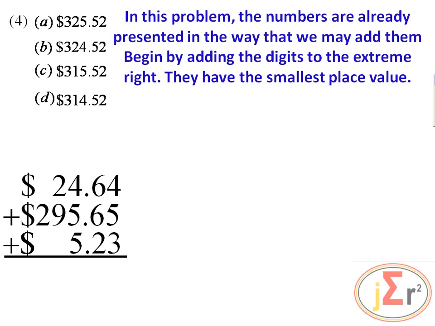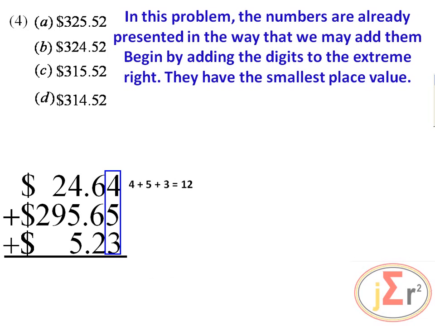So we will begin with the smallest place value, and that will be at the rightmost digit, which is right there. So we have 4 plus 5 plus 3, and that is equal to what, Jerry? 12. Next time when I'm asking you, I will not have the answer on the screen, so be prepared.